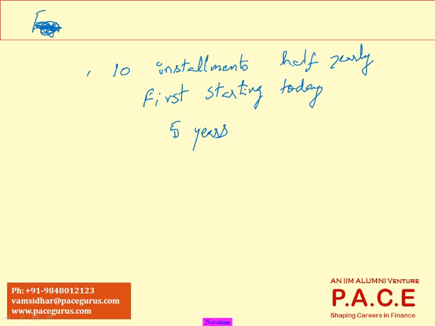But remember, the first payment is being made today, so the second is after 6 months, the third after 1 year, the fourth is 1.5, the fifth is 2, the sixth is 2.5, the seventh is 3, the eighth is 3.5, the ninth is 4, and the tenth is only 4.5. So you have to be very careful in addressing problems of this kind, depending on whether you are starting today or sometime later.